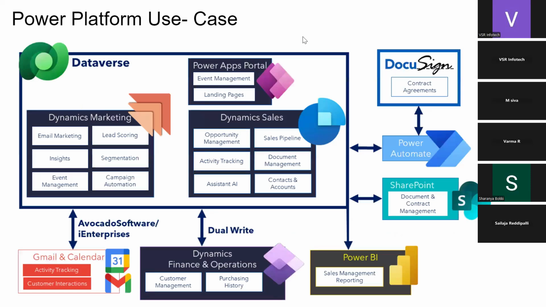Now we'll come on to the Power Platform use case. Now this is a whole application workflow in a nutshell, which I have kept here, so that it would be easier for you guys to understand what we do in Power Apps in Power Platform. So we start here, which is the Power Apps portal, which is the event management or landing pages.